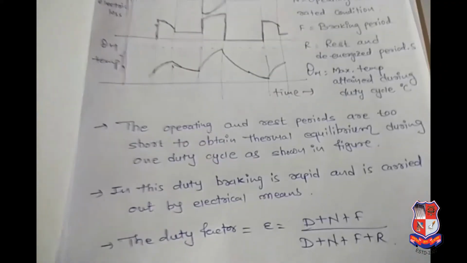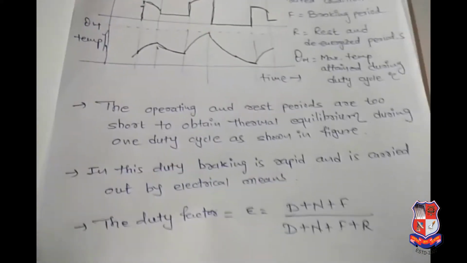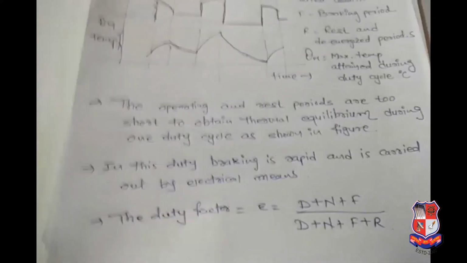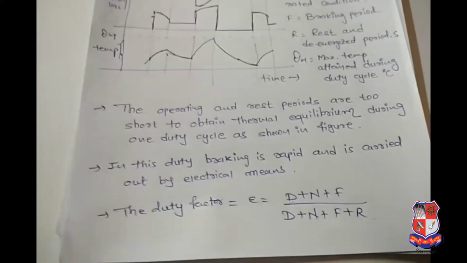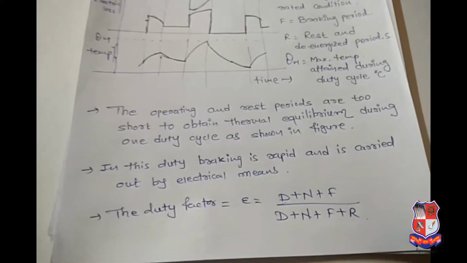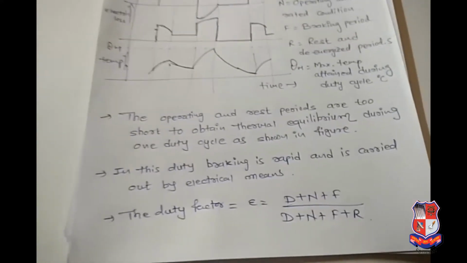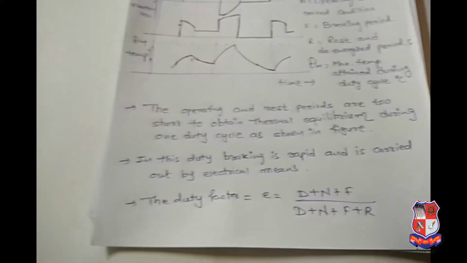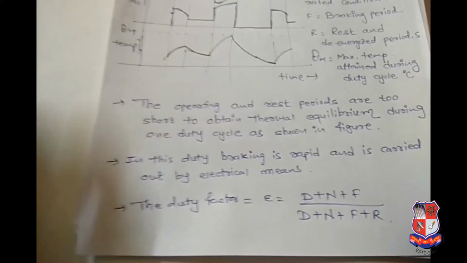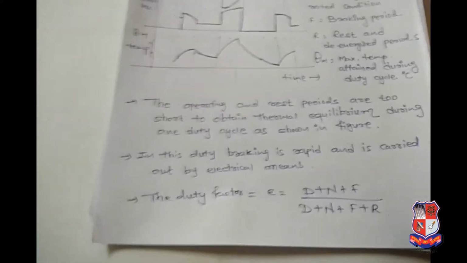The operating and rest periods are too short to obtain thermal equilibrium during one duty cycle, as shown in the figure. In this duty, braking is rapid and is carried out by electrical means. We can also define the duty factor in this type of duty cycle.